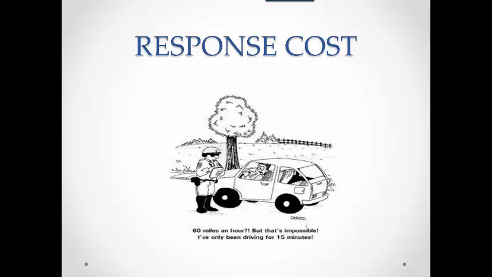Response cost is, I love this little diagram where the person in the car is saying 60 miles an hour, but that's impossible. I've only been driving for 15 minutes. How can I have gone 60 miles an hour? Response cost, if any of you have ever had a speeding fine, a parking fine, or anything like that, you've been the recipient of response cost.